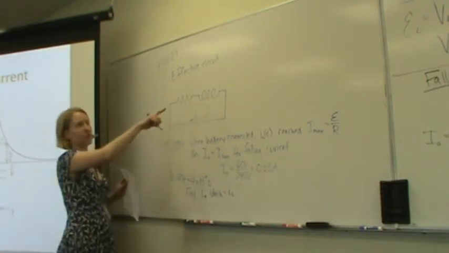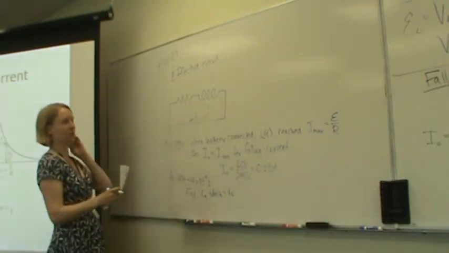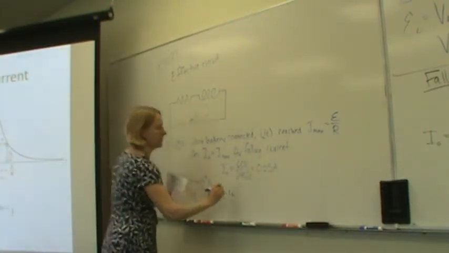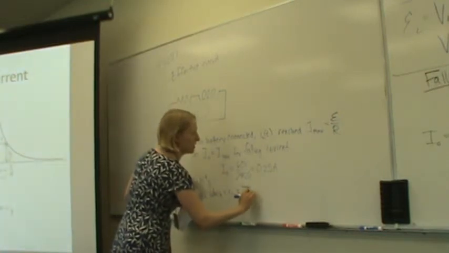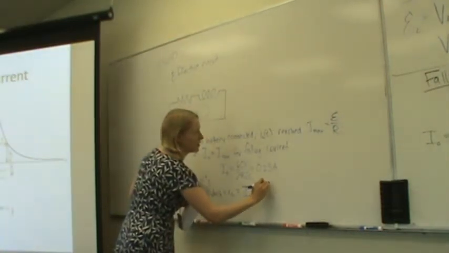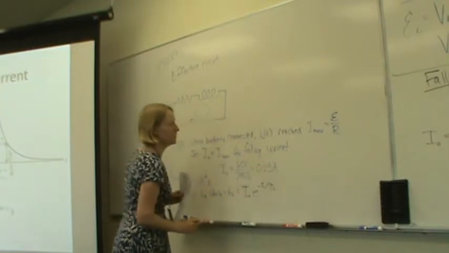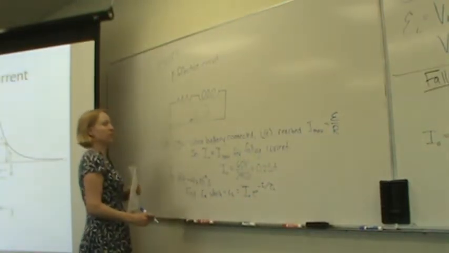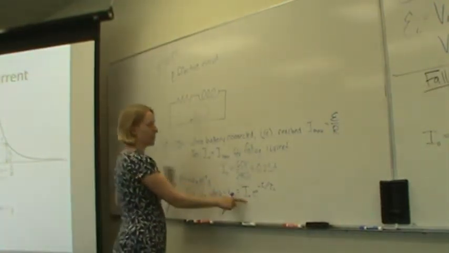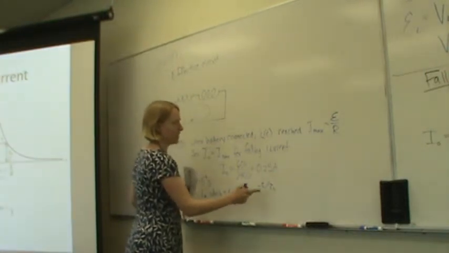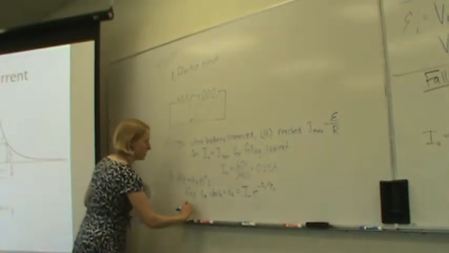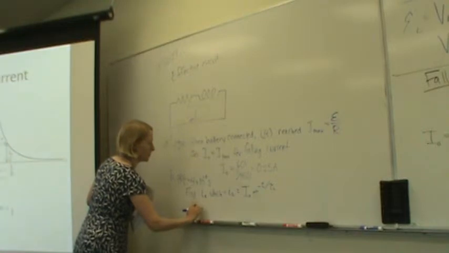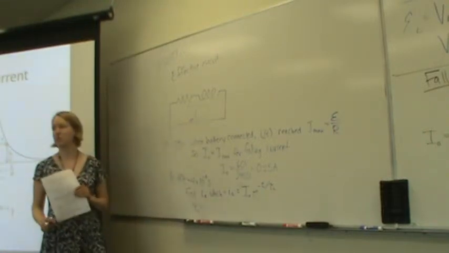We have our equation for falling currents, and I sub L is I naught e to the minus t over tau sub L. We have I naught, that's 0.25 amps. Should we calculate tau sub L first, so we don't have to plug a bunch of stuff into the exponential?